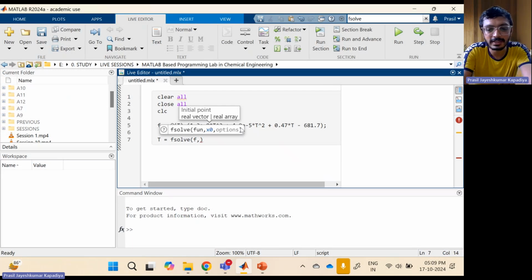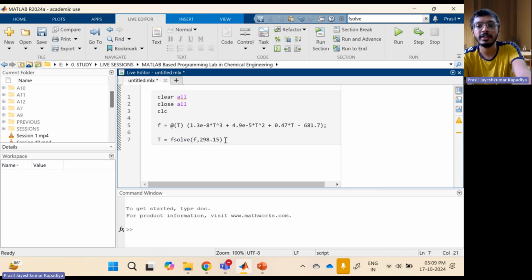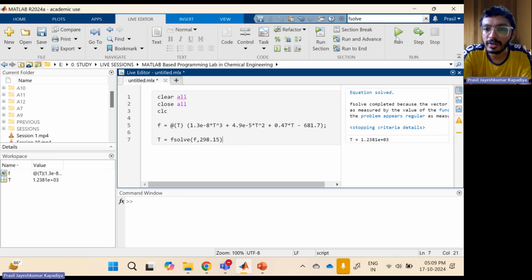So what should we give? Let's say my initial guess is 298.15 Kelvin. And if I'm not putting a semicolon here, it will display the result here only. So when I run it, I'm getting some answer of 1.2381 into 10 raised to 3, so that is 1238.10 Kelvin.